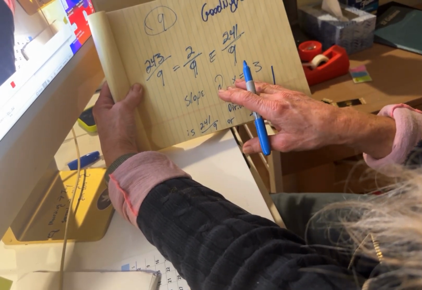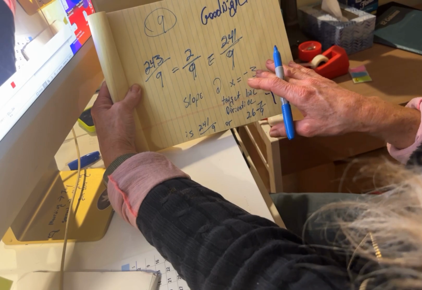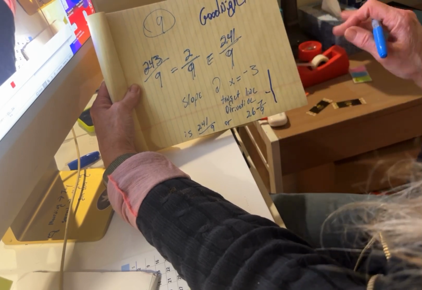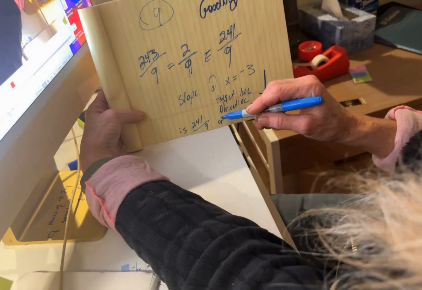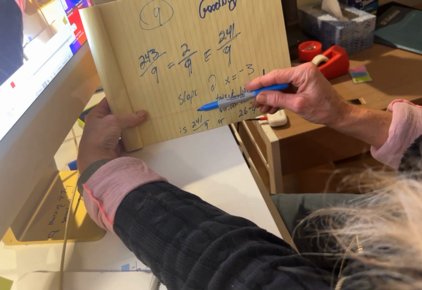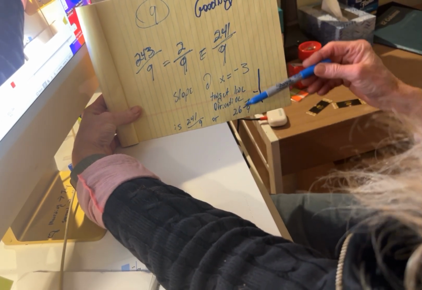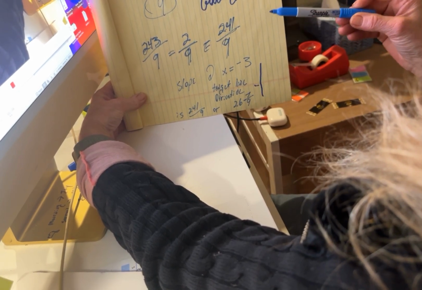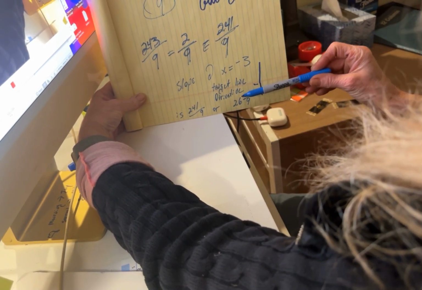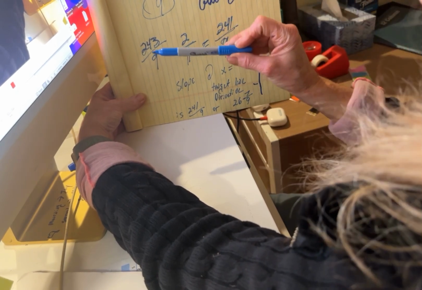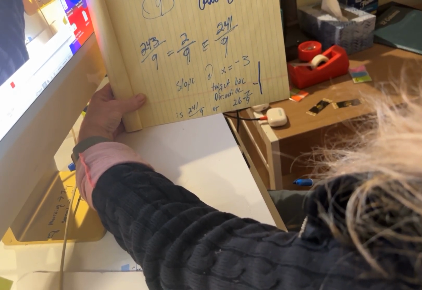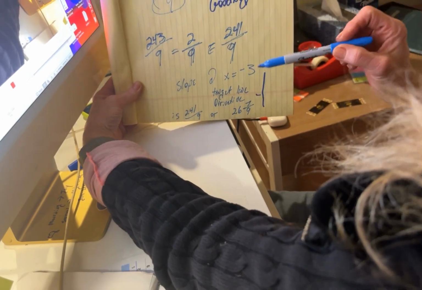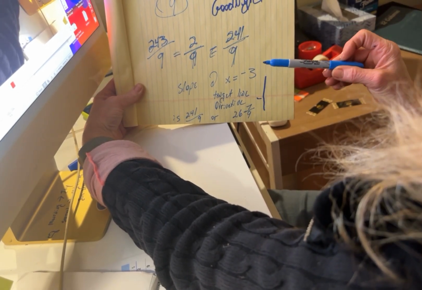The slope at x equals negative 3, our derivative, is 241 ninths, or 26 and 7 ninths, which is a very positive, almost vertical line, and which is also the solution to this problem.